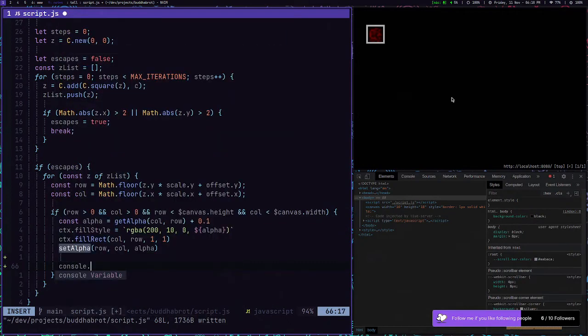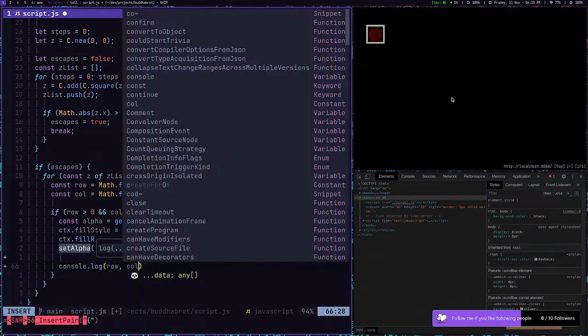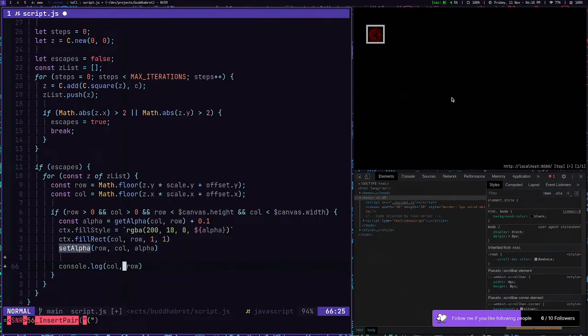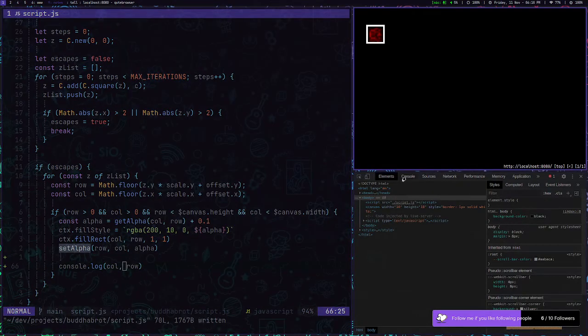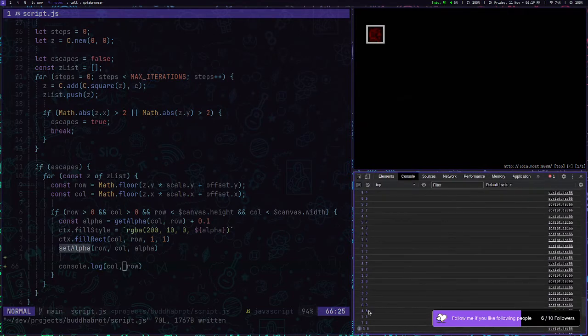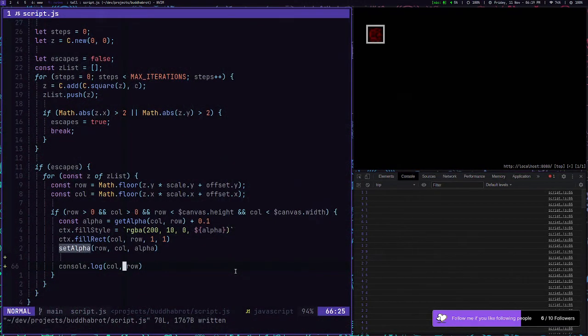Let's console log this. Console log row comma column. Actually, it should be column comma row. Is this helpful in any way? No, it's not.